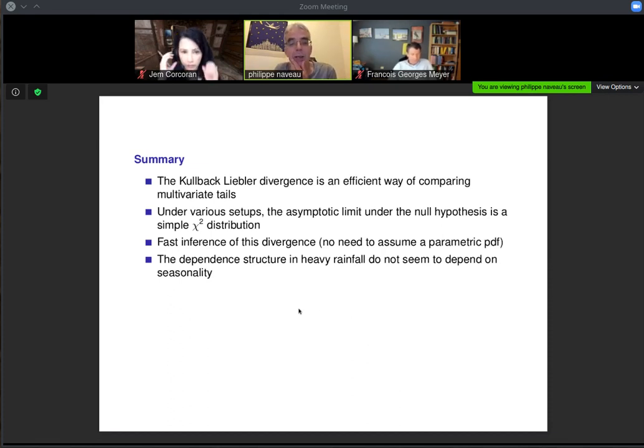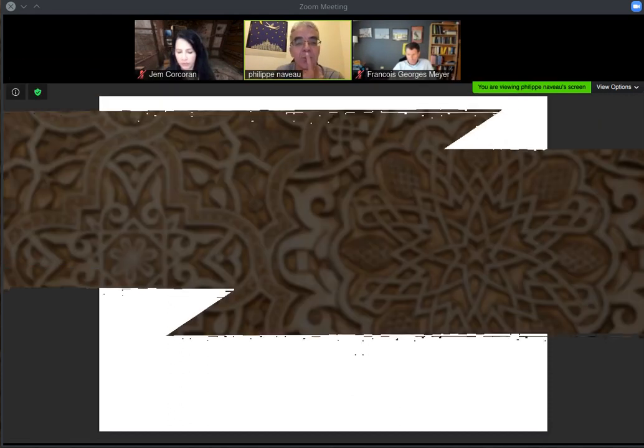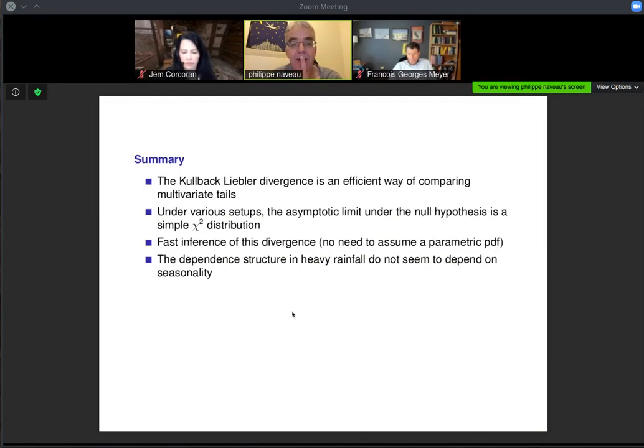What I'm trying to show you is that the Kullback-Leibler divergence, which is used in many, many different fields, can be tailored for extremes. And if you do that, you don't even have to impose a parametric form on your marginals or your dependence structure.